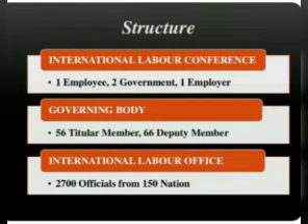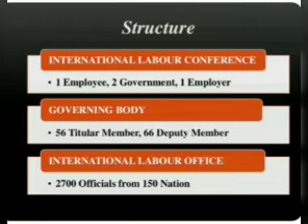Next we have the structure of ILO. This is divided into three parts: the International Labour Conference, the governing body, and the last is the International Labour Office. Firstly, the International Labour Conference, where there are representatives of different sectors like the government, employer, as well as the employee. Here the ratio is 2 is to 1 is to 1.